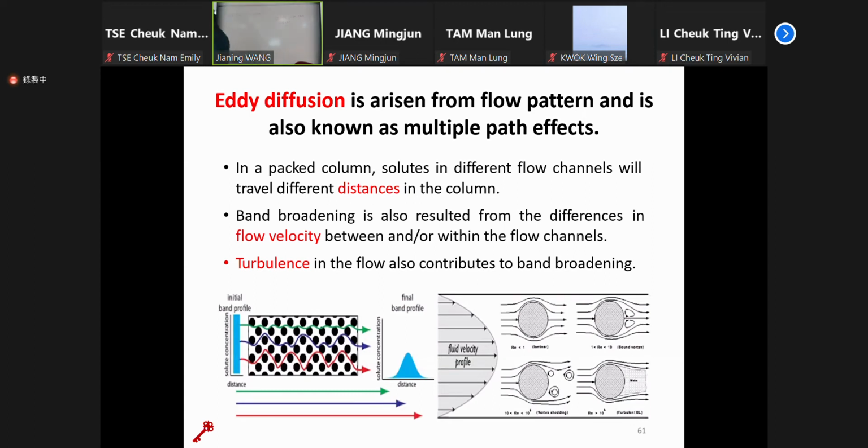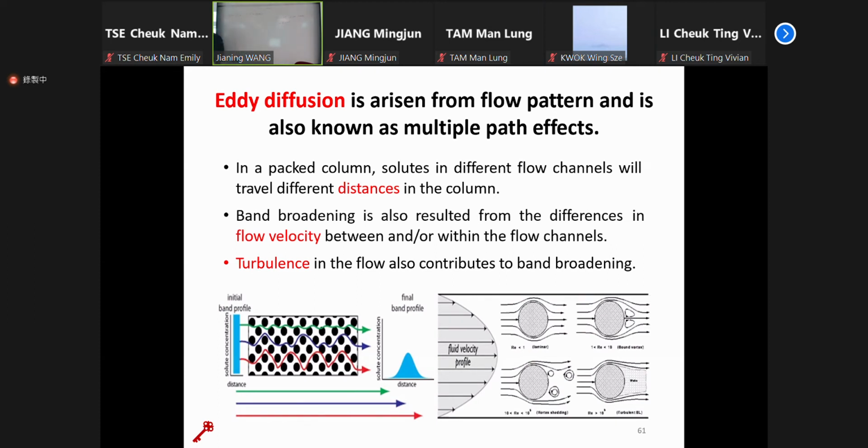If we use packed particles to pack the column. But if we use an open tubular column, so if there's no particle inside the column, there's no eddy diffusion, right?